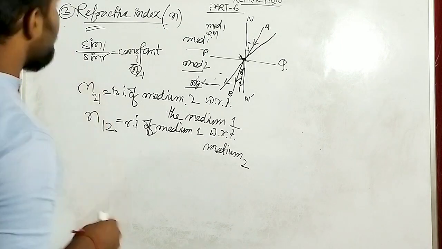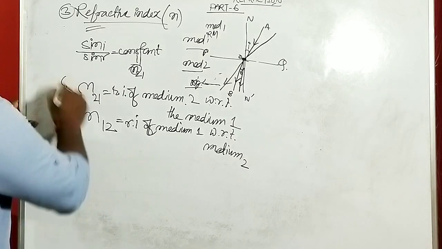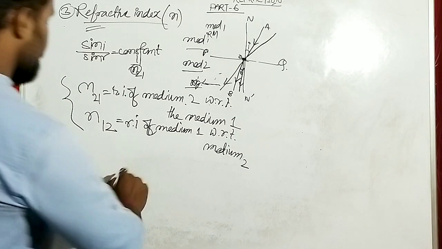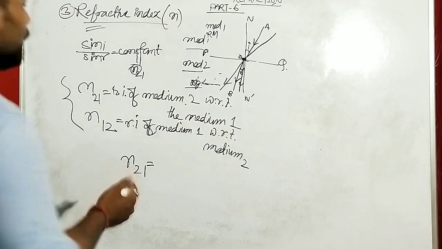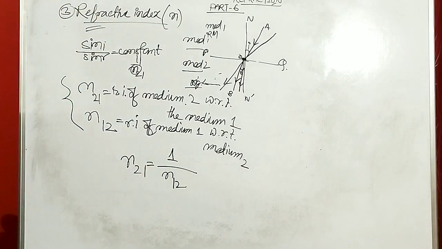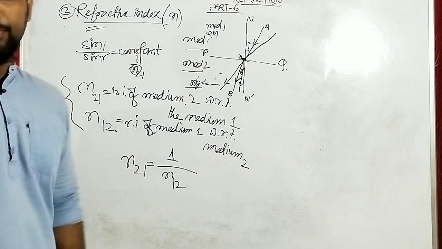But in your NCERT book, one relation is not actually given. There is a relation between n21 and n12, and that relation is n21 is equal to 1 by n12. That means n21 is the reverse of n12.